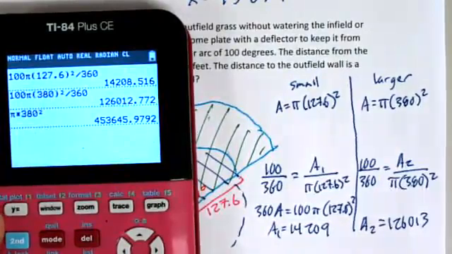That's way bigger. 453,000. 500,000 square feet. All right, then we subtract those, and I think we're good to go.